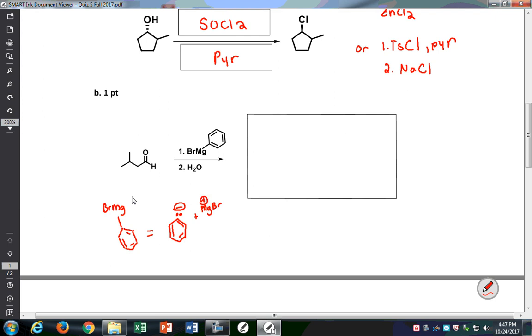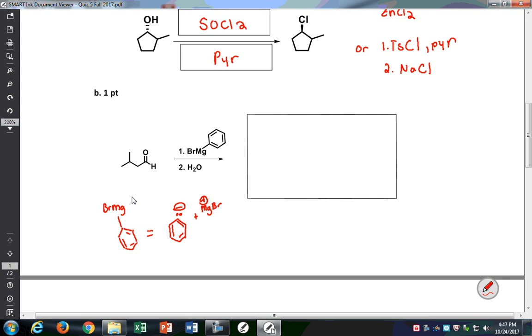Because it's kind of right between an ionic and a covalent bond, you can draw it both ways. And I think it's easier to see drawn this way. So we do not have a carbon between that carbon of the benzene ring and the magnesium. So don't add an extra carbon.